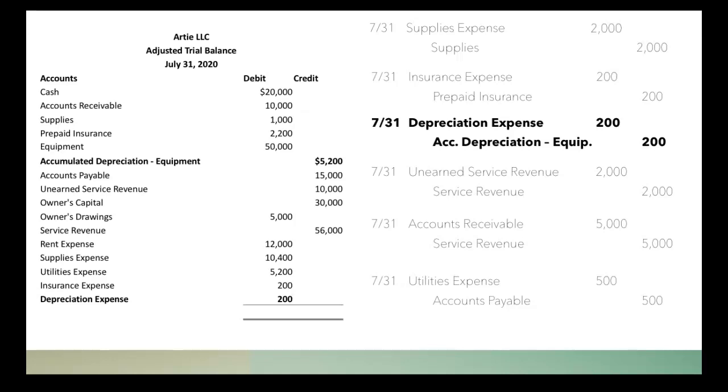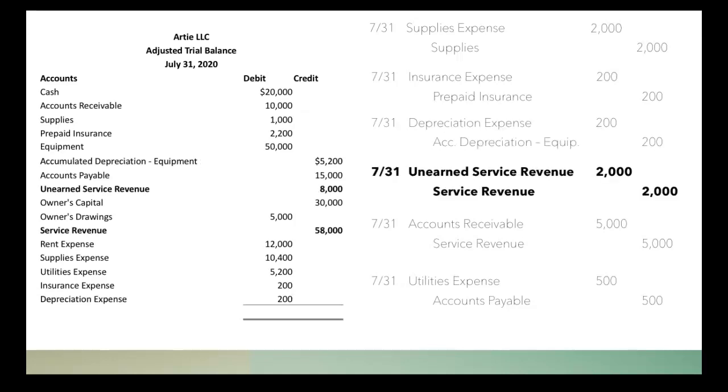So we need to update both of those account balances. So our unearned service revenue is going to decrease by 2,000, and our service revenue is going to increase by 2,000. So we'll see those changes made to our adjusted trial balance.